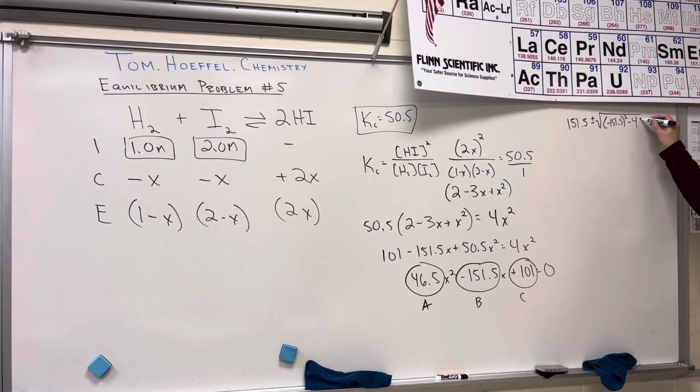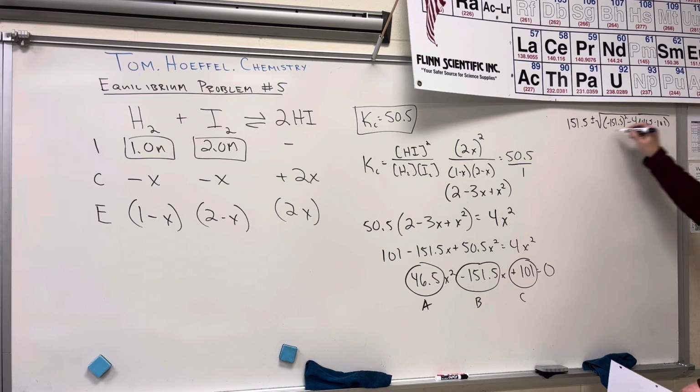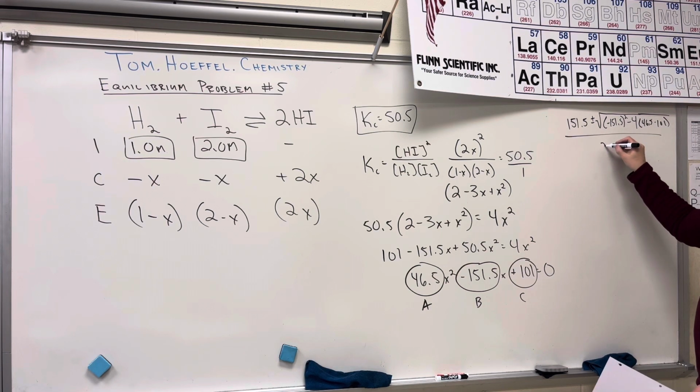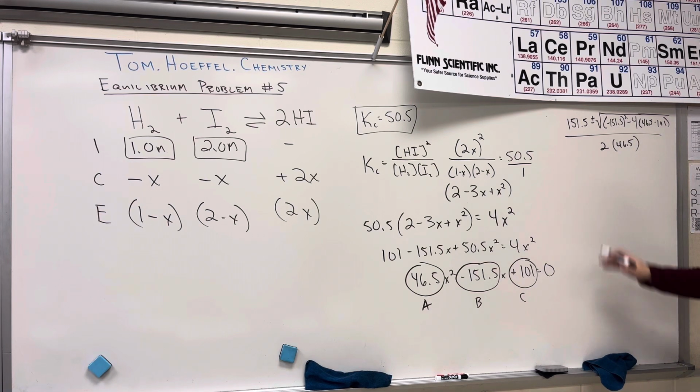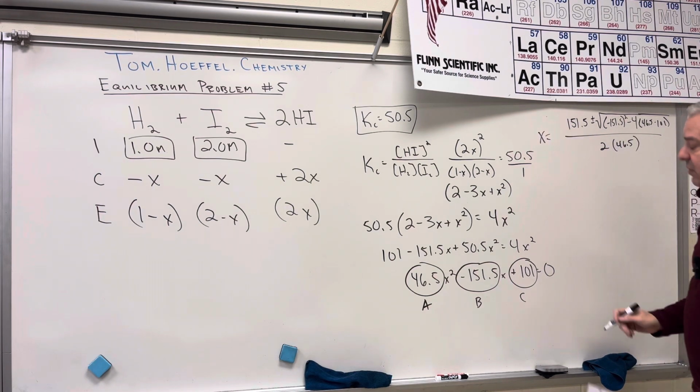The A is 46.5 times the C, which is 101, all over 2A. Okay, so 2 times 46.5. Okay, and then so x is equal to those values.